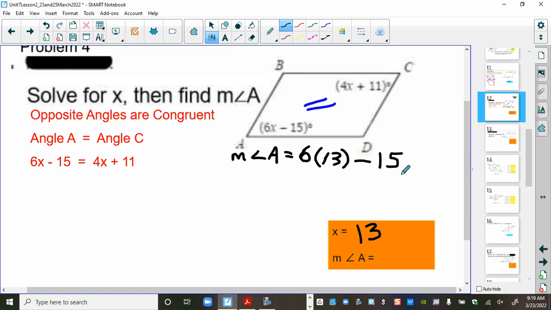All right, so you got it. All right, so anybody get that angle A? 63 degrees. All right. Most importantly, who's not sure how we got the 13? You need to speak up. If you're not sure how we got the 13, you have to say something.